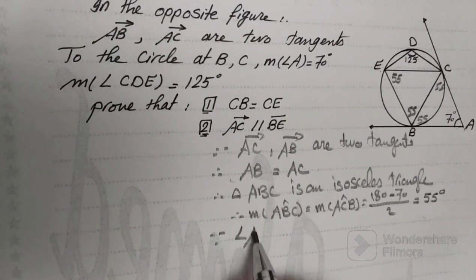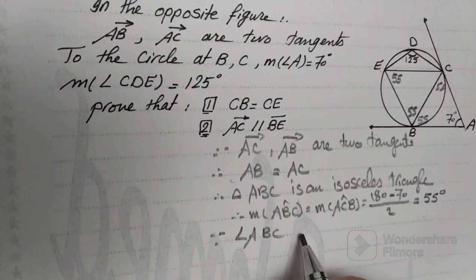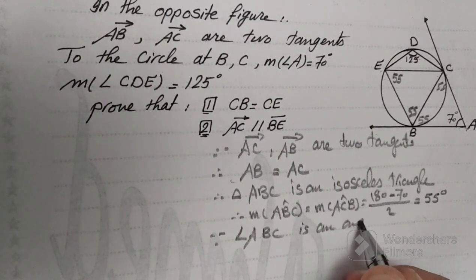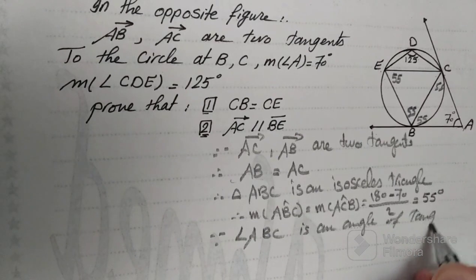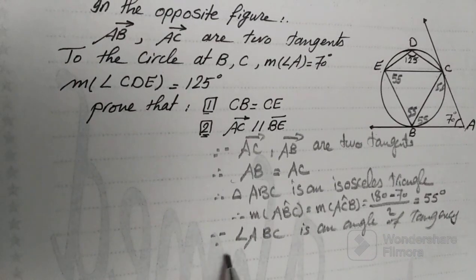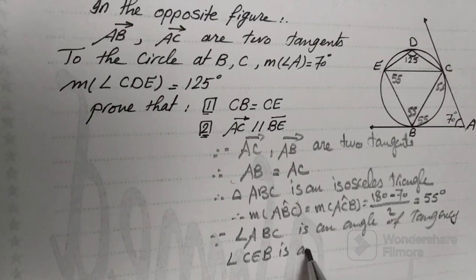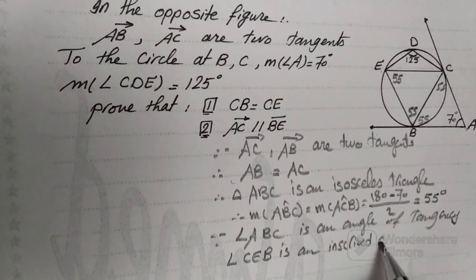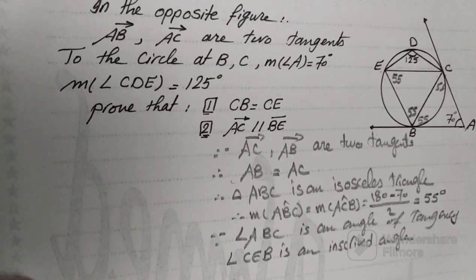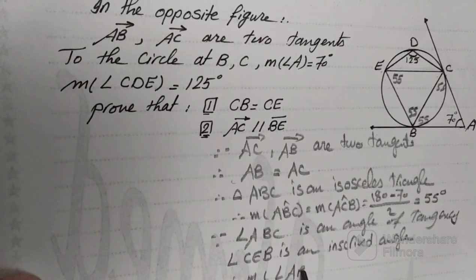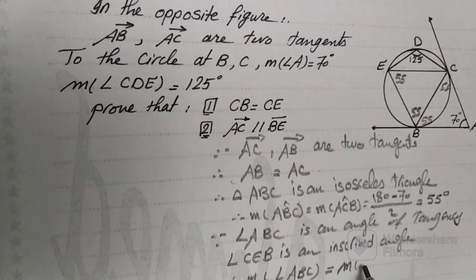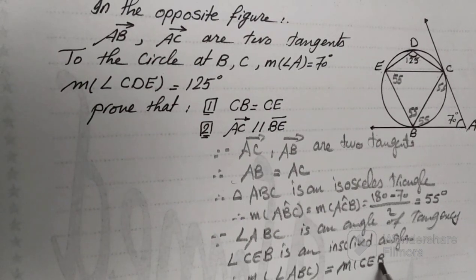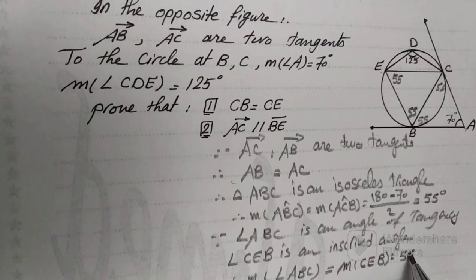Since angle ABC is an angle of tangency, angle CEB is an inscribed angle, therefore the measure of angle ABC equals the measure of angle CEB equals 55 degrees.